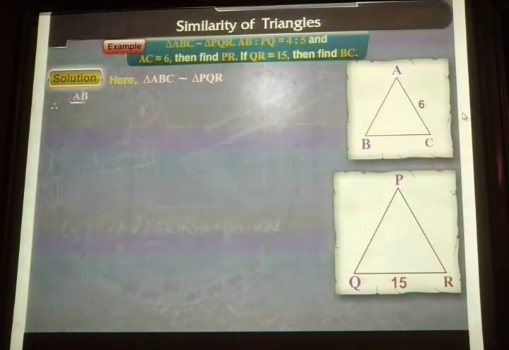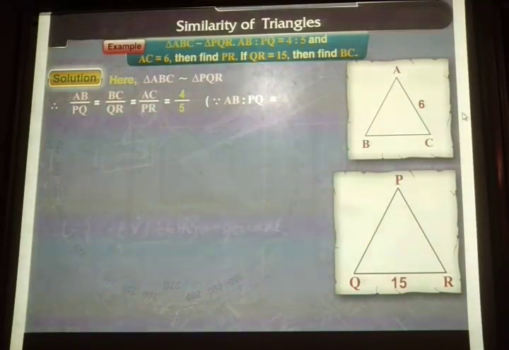Therefore, AB upon PQ is equal to BC upon QR is equal to AC upon PR is equal to 4 upon 5. Since AB is to PQ is equal to 4 is to 5, therefore, AB upon PQ is equal to BC upon 15 is equal to 6 upon PR is equal to 4 upon 5.